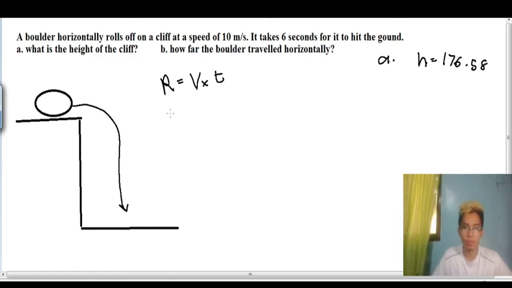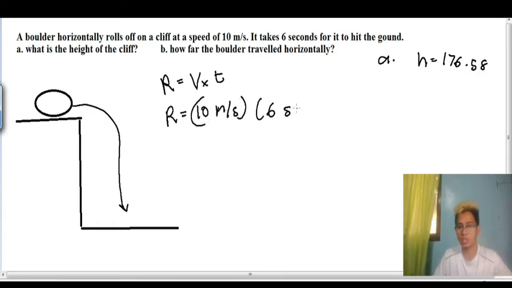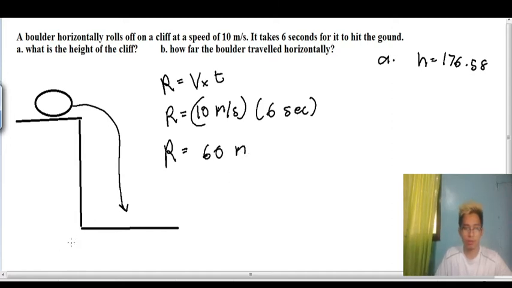So your range is equal to, we have the velocity, which is 10 meters per second, times the time, which is 6 seconds. So the final answer is 60 meters. So the range is from here to here.